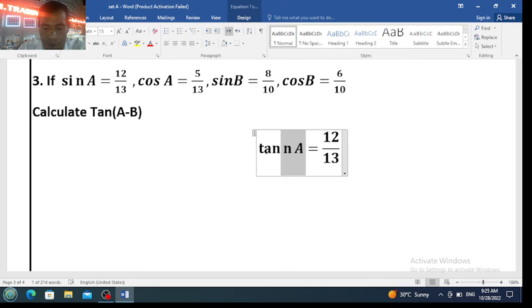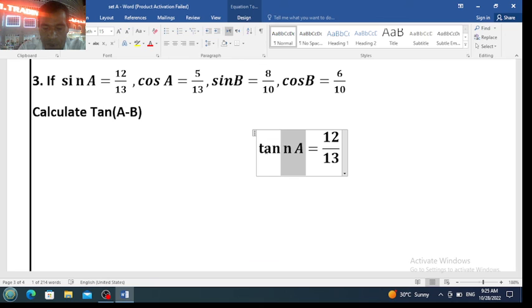Then tangent of B, learners, is equal to what? Sine of B, which is 8 divided by 10, divided by cosine of B, which is 6 divided by 10. Means you are going to divide 8 by 10 by 6 over 10. The denominator value of the two fractions will be cancelled out.